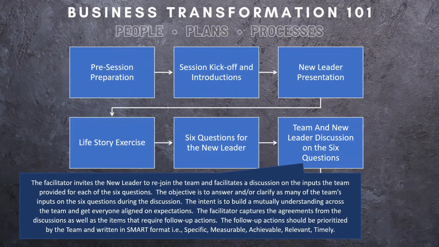The intent is to build a mutual understanding across the team and get everyone aligned on expectations. The facilitator captures the agreements from the discussions as well as the items that require follow-up actions. The follow-up actions should be prioritized by the team and written in SMART format, specifically specific, measurable, achievable, relevant, and timely.